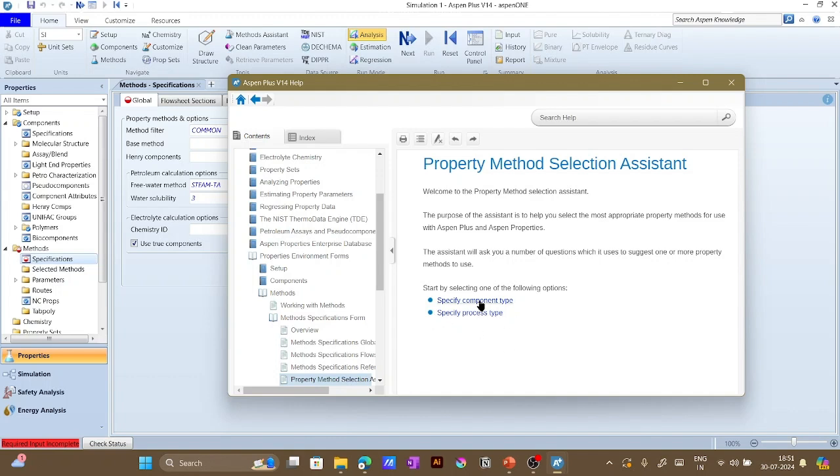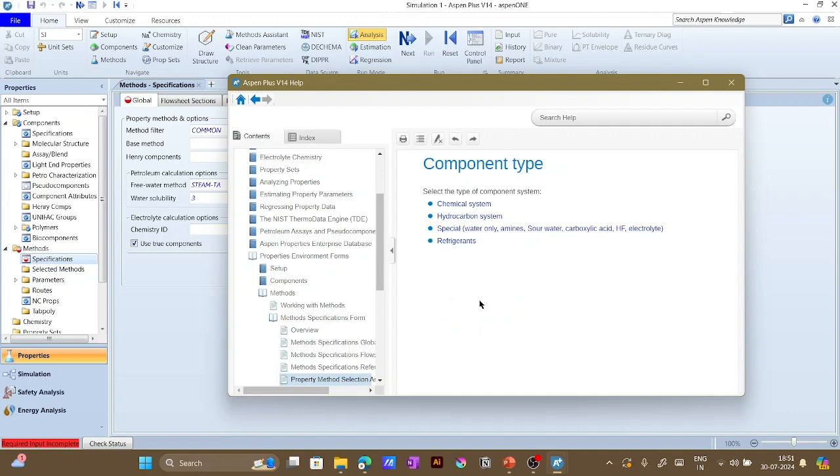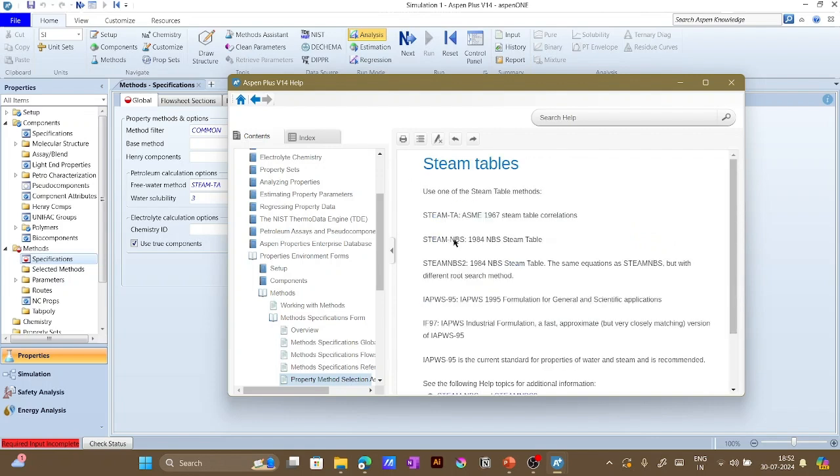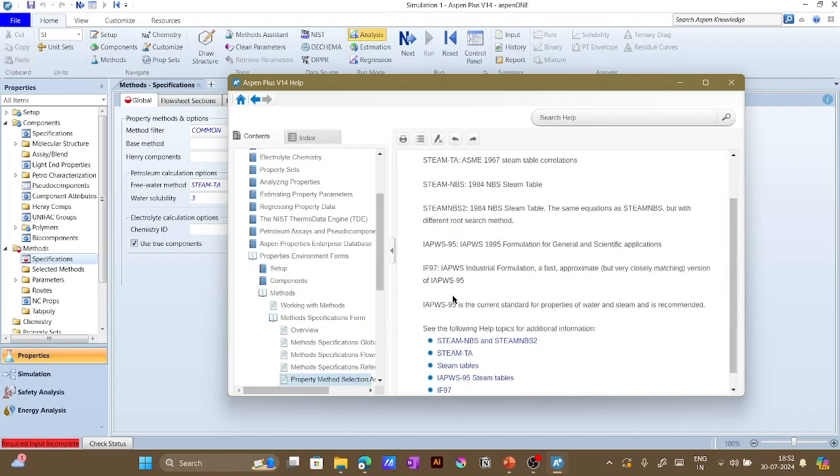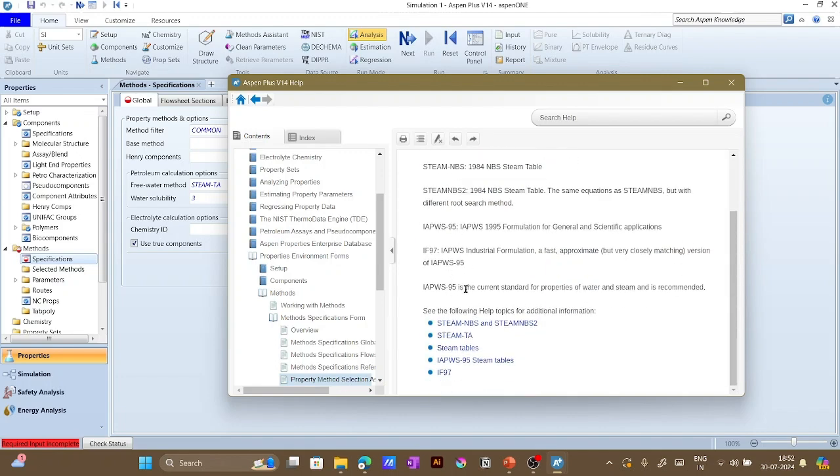Let's say I go by component type, and since we have water in our system, there are various options: special, water only, amines, sour water, carboxylic acid. For water only, what kind of methods are used? Here it lists different methods, like STEAM-TA, STEAMNBS, and various others. Now I want to understand which method will fit my system best.